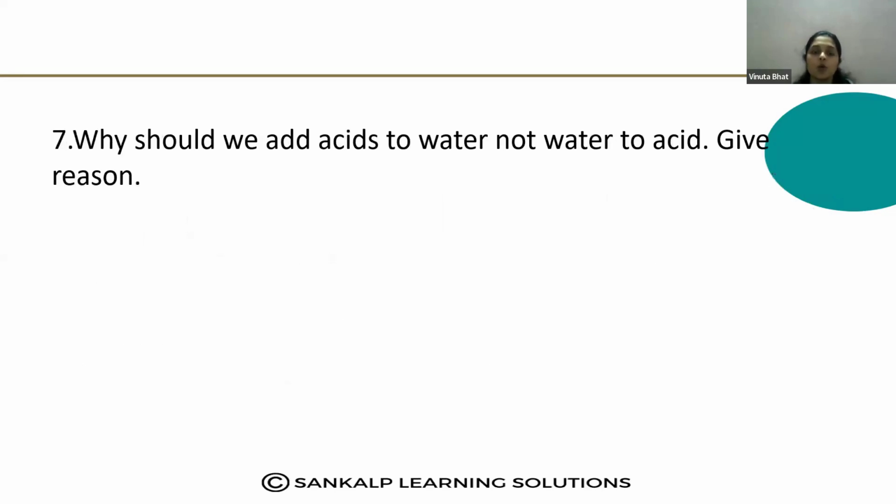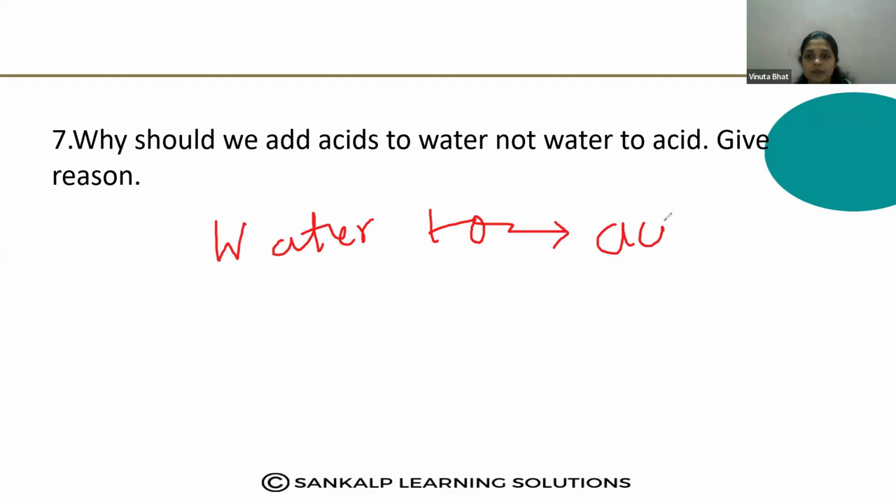Next question. Why should we add acid to water, not water to acid? Give reason. When you add water to acid, a vigorous reaction takes place between the water and acid.